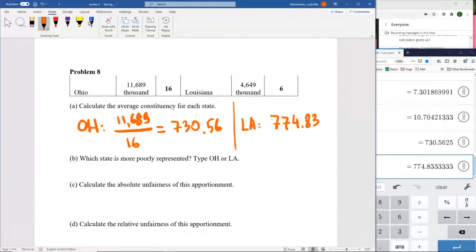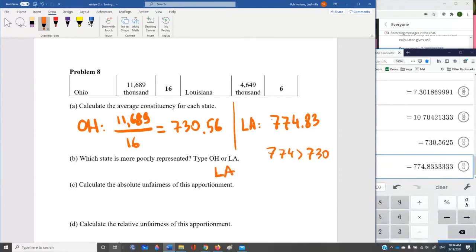Which state is more poorly represented? Okay, more poorly means more people for one representative. Yes, we have 730 and 774. Of course, 774 is greater than 730. That's why Louisiana is more poorly represented.